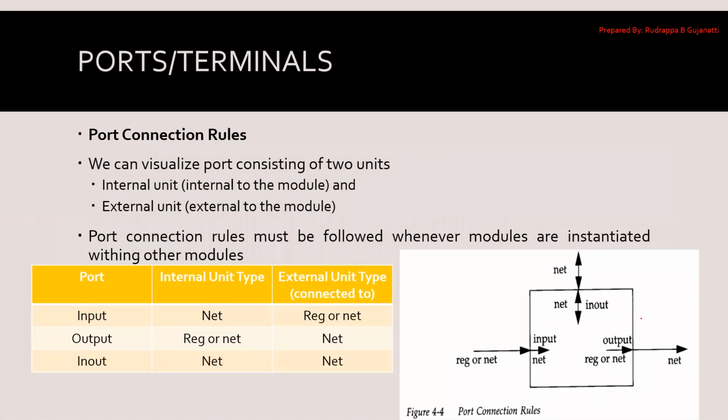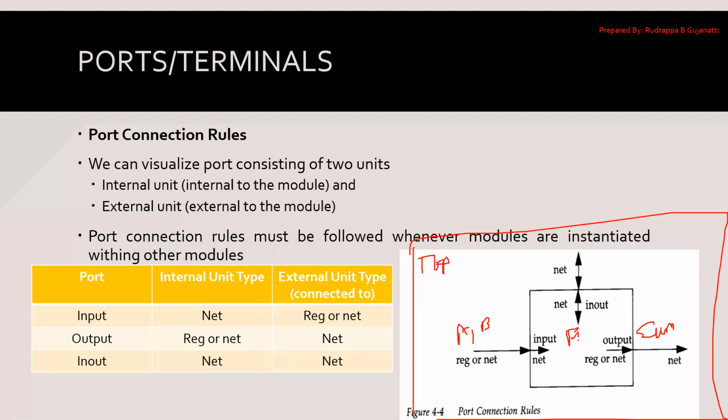So here we can make an observation. I have sum here and A and B here. This is the top level module, and from this you are giving it to the full adder. Based on this diagram, A and B are inputs. They can be of register or net data type. And sum is the output from this one, given external to the module. It goes out of the module.